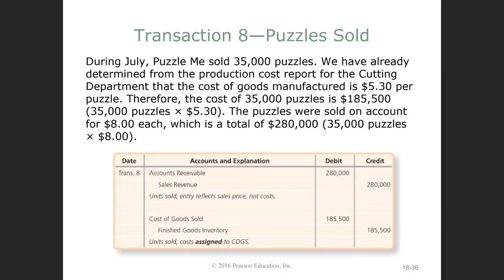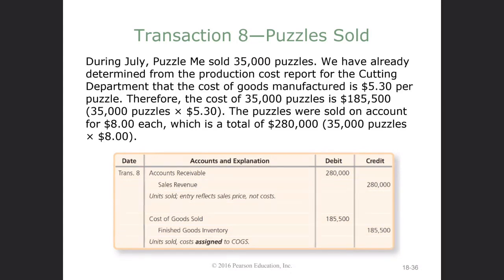And then we have to record the cost portion as well. For the cost portion, we're going to debit our cost of goods sold, but not for 280,000. We're only going to debit it for the cost of the products that were sold, so $185,500.